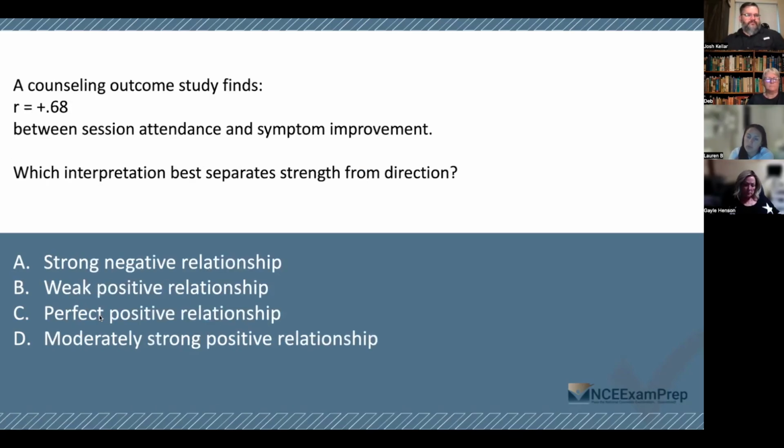Good. All right. A counseling outcomes study finds a correlation coefficient of plus 0.68 between session attendance and symptom improvement. Which interpretation best separates strength from direction? Is this a strong negative relationship, a weak positive relationship, a perfect positive relationship, or a moderately strong positive relationship?